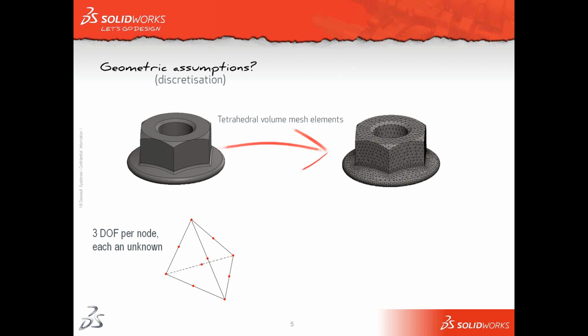As we try and break down the rest of the model into these elements, you can see how the number of unknowns in the equations increases. So finally SolidWorks is just going to determine the displacements of those nodes, so hopefully you'll see this deformed mesh element, and once we've determined that deformed result, we've solved each of those simultaneous equations, we can start looking at the stresses and the strains.